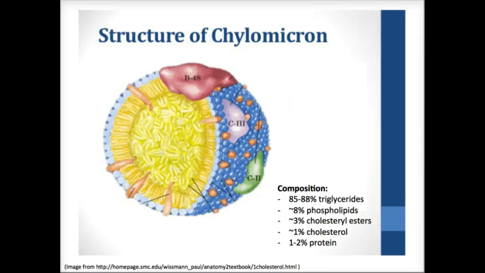So here's our very first type of taxicab, the chylomicron. And you can see the basic lipoprotein structure with the core of lipids in the center that's enveloped by this phospholipid membrane on the outside. We also see that the major protein component of the chylomicron is the ApoB protein.